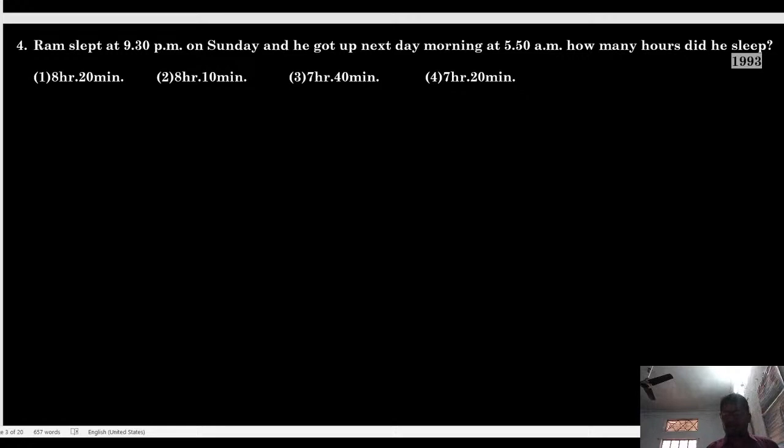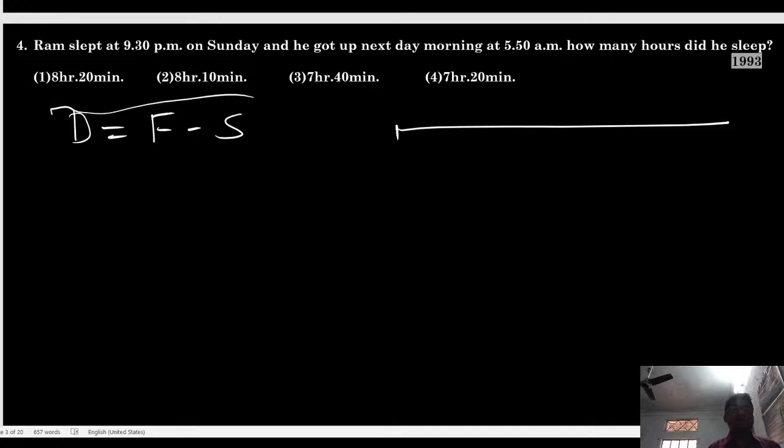We have to find the duration of the time. The duration D is equal to finishing time minus starting time. This is the formula.